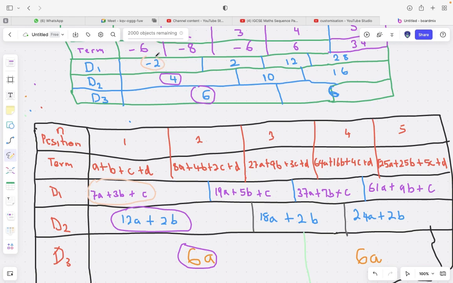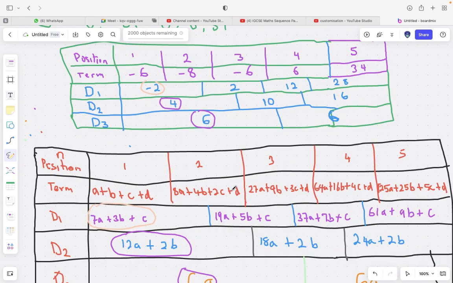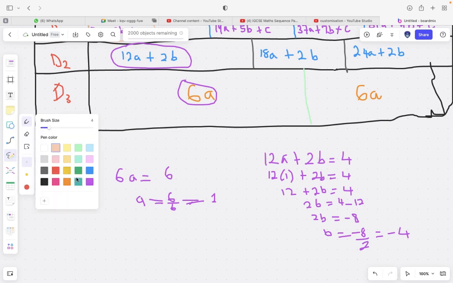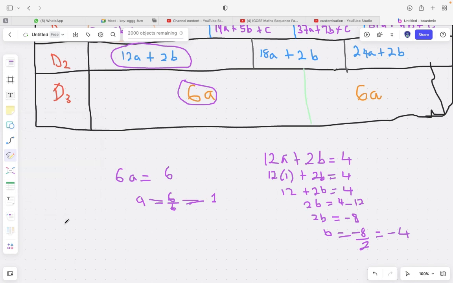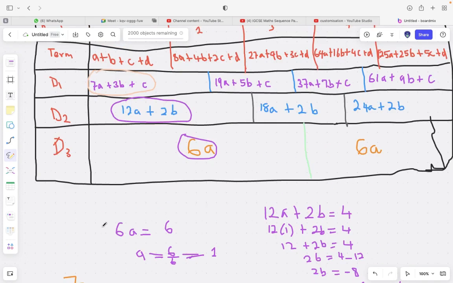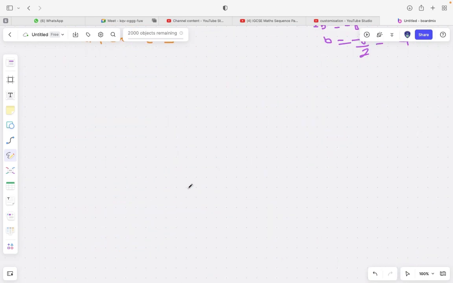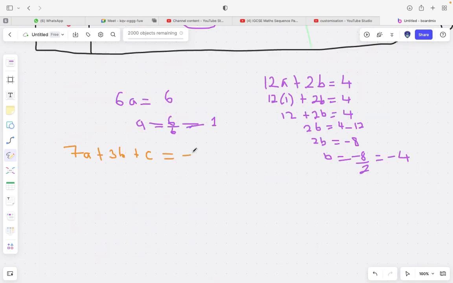So we're going to do that. 7a, let's write with this orange. 7a plus 3b plus c is equal to -2 in table 1.